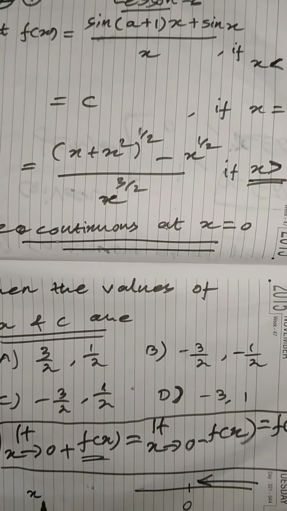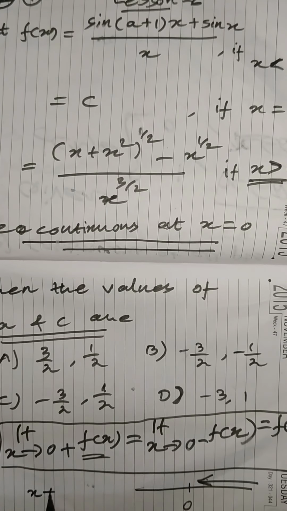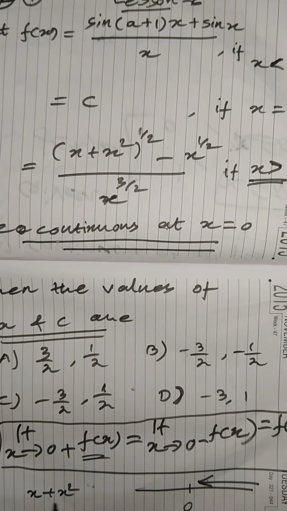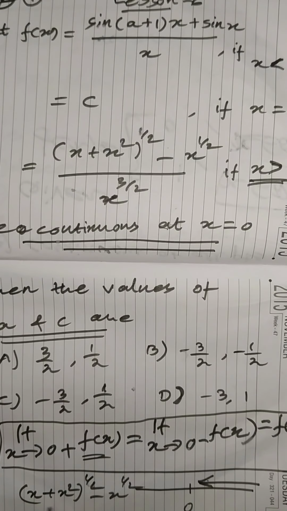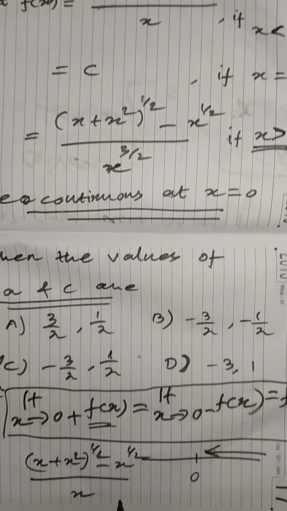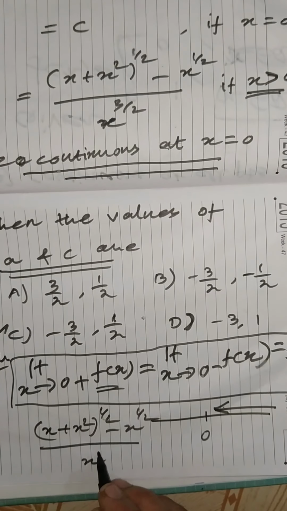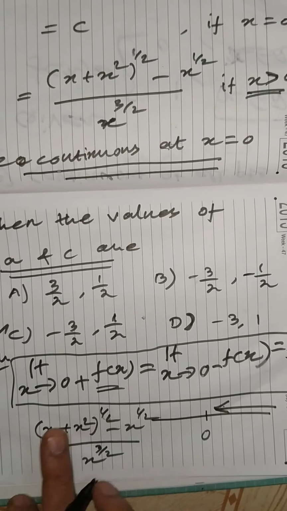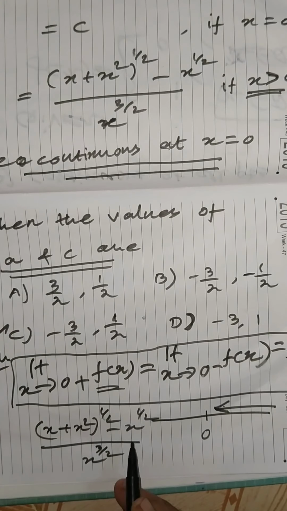So (x plus x square) whole power 1 by 2 minus x power 1 by 2, by x power 3 by 2. In this step we have to simplify.